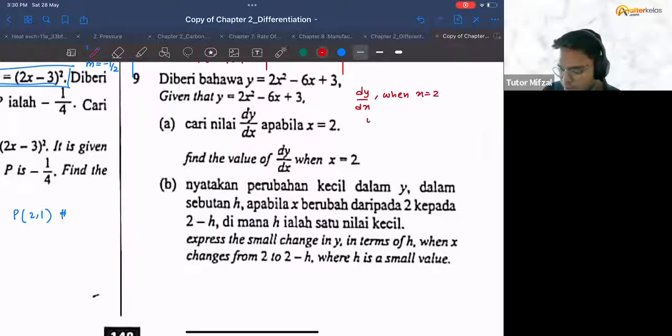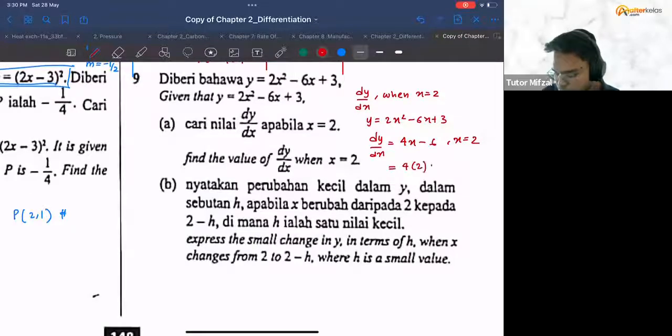So you take y, you find the dy dx. This one is equivalent to 4x. 2 kali 2, 4, 4x tolak 6. Therefore 4x minus 6. Then you make your x is equivalent to 2. So 4 times 2 minus 6.